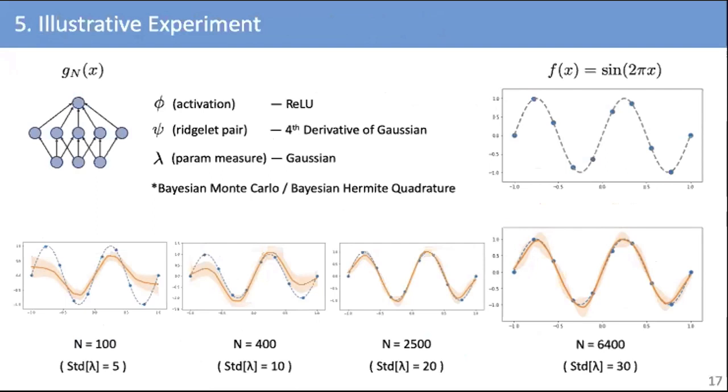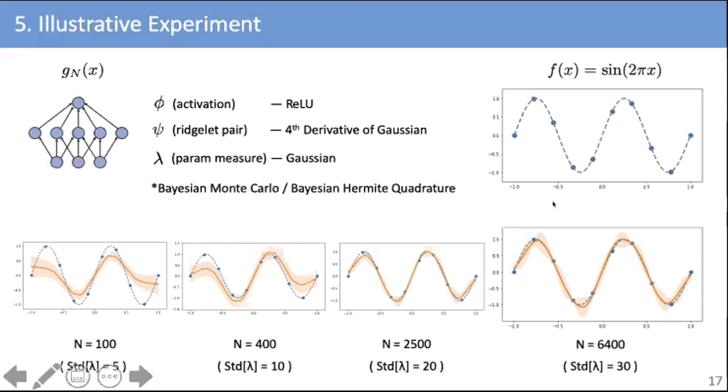The method of Bayesian quadrature I used for this experiment is called Bayesian Monte Carlo or Bayesian Hermite quadrature. And the task here is to approximate this simple sine function given 10 data points.